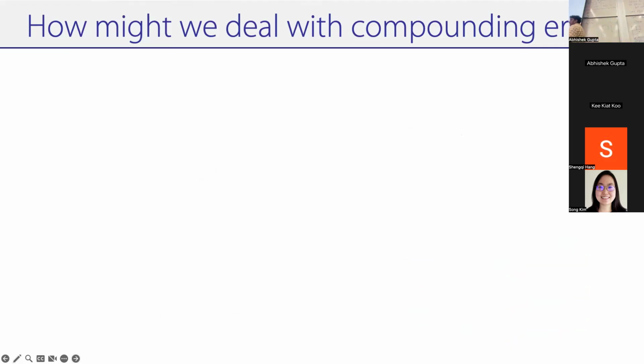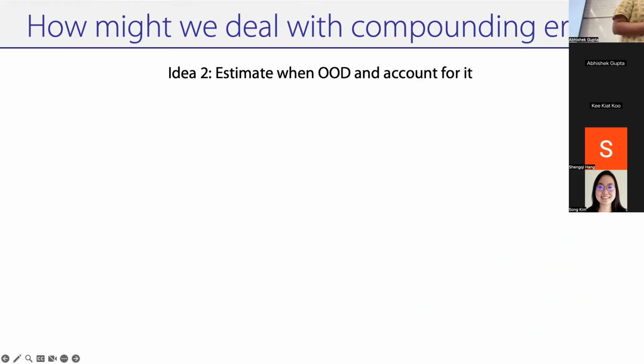Okay, so we're going to have compounding error, but we don't want the compounding error to mess up our planning, right? So how might we deal with compounding error in model-based data? The second idea that folks had was to say, okay, if I'm going to be hallucinating things, if I'm going to go OOD, if I can measure when I've gone OOD, then I can account for it and say, this is no good. You're predicting something that doesn't really exist, right?